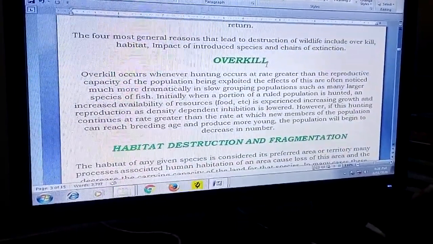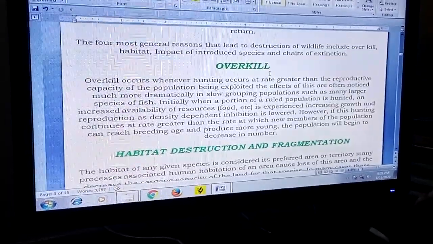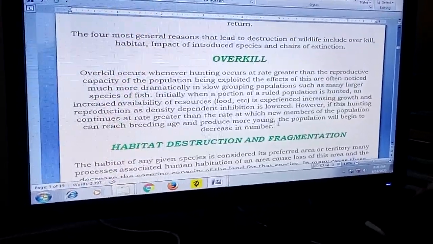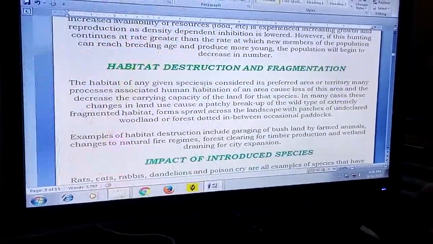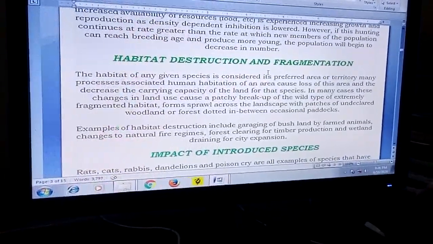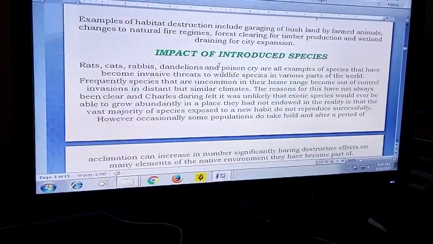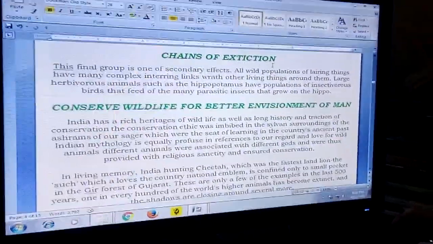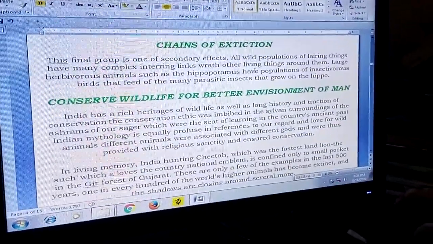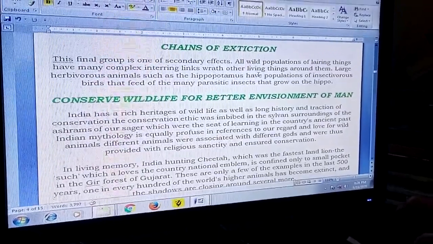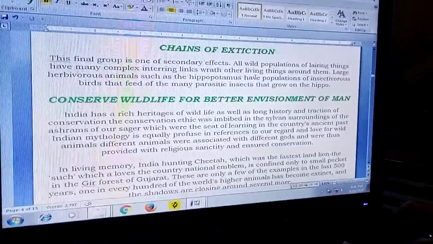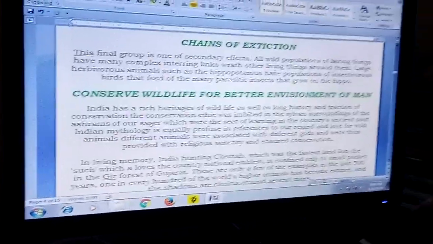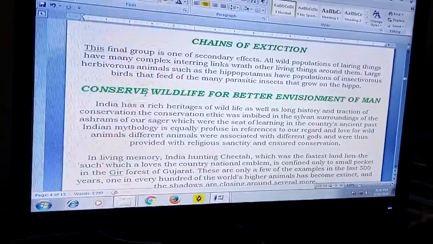Then overkill, which means nowadays people are killing too many animals for their own vicious reasons. Then habitat destruction and fragmentation, impact of introduced species, and chains of extinction. Many animals are getting extinct, meaning they are disappearing from our world.